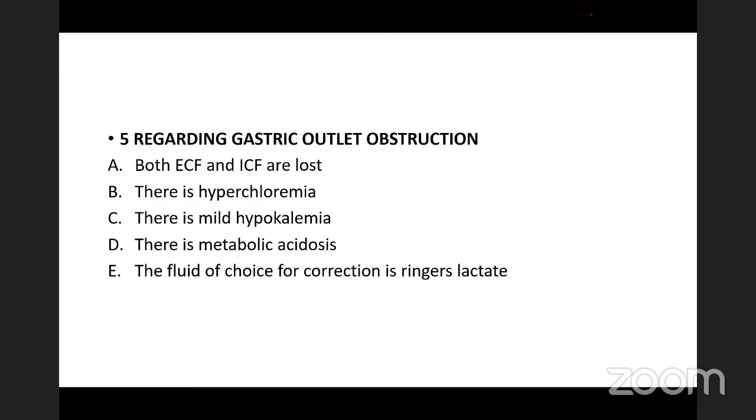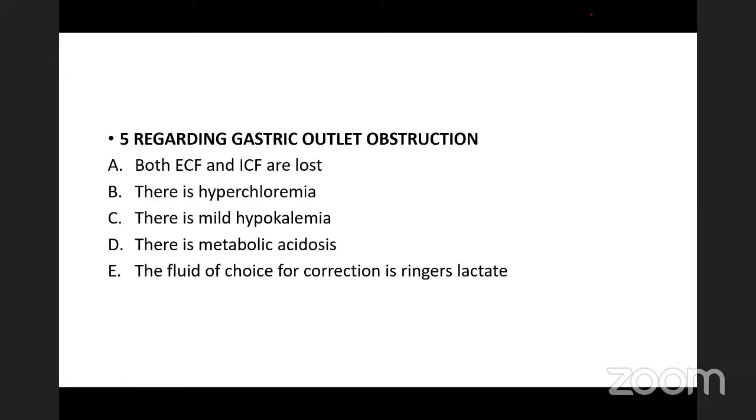So let's go to the options. The first option says both ECF and ICF are lost. That is correct because it's a form of chronic dehydration. So A is correct. B says there is hyperchloremia. B is false. Why is B false?